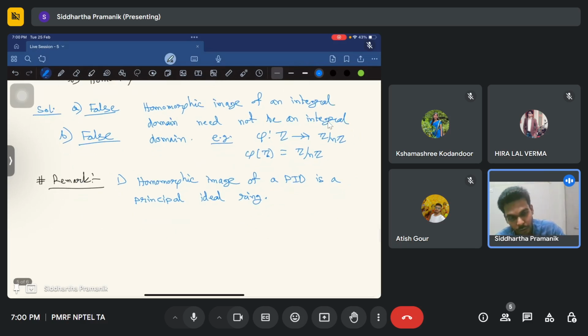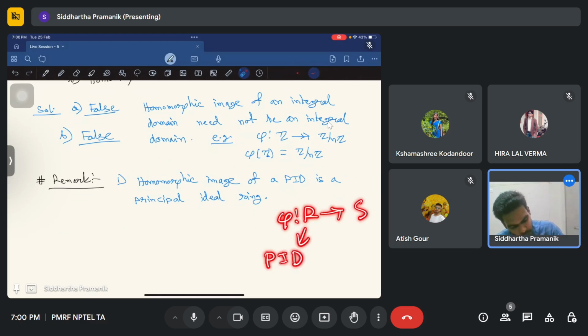This is something you can prove: if you have a homomorphism phi from R to S, and R is a PID and this is surjective, then S is a principal ideal ring. That is something you can easily prove, so you just try to prove this.